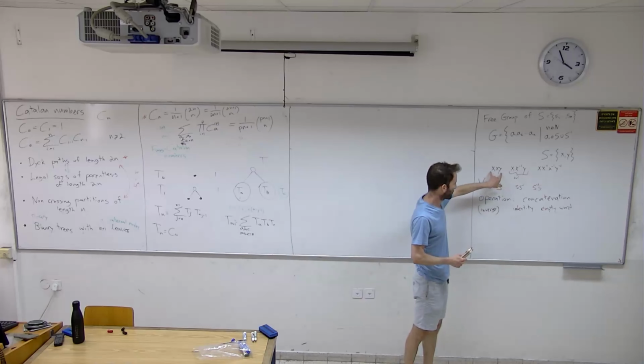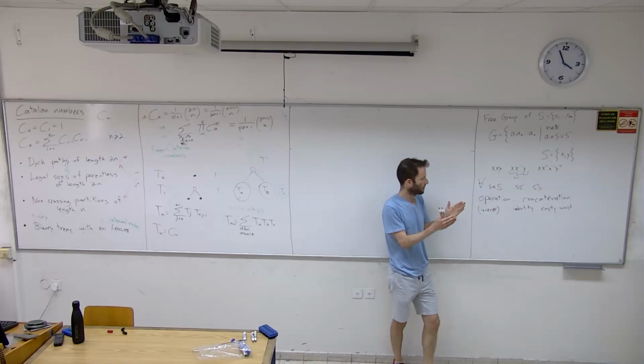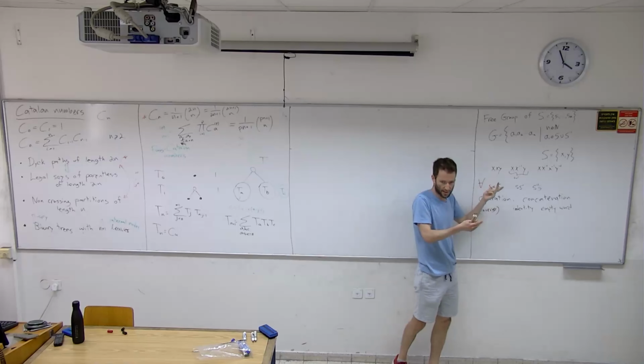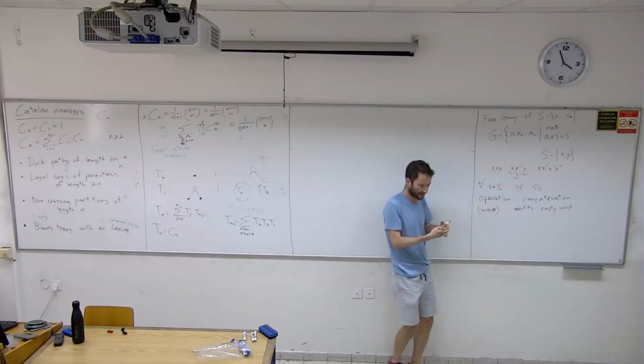Except for the translation of a word to the reduced word, there's nothing else that can be said. If you look at two reduced words and they look different, they are different.